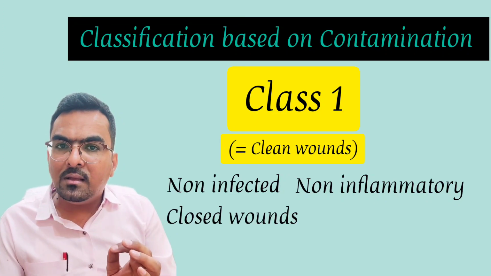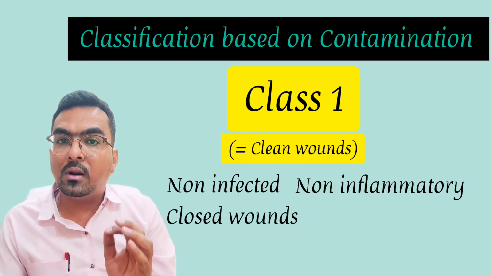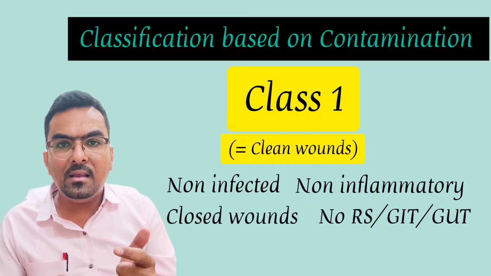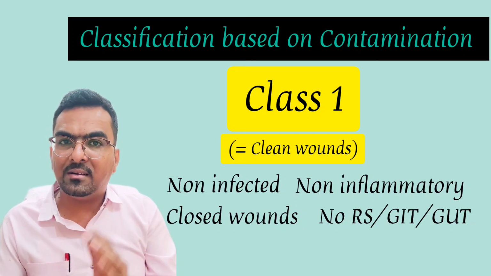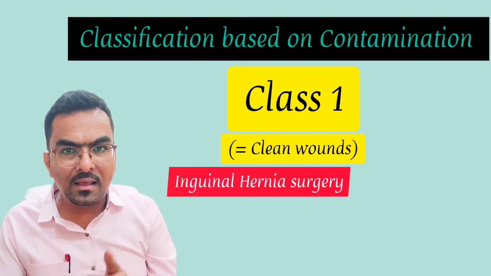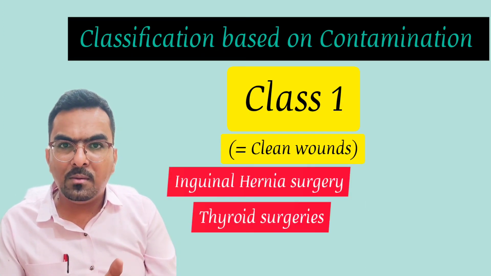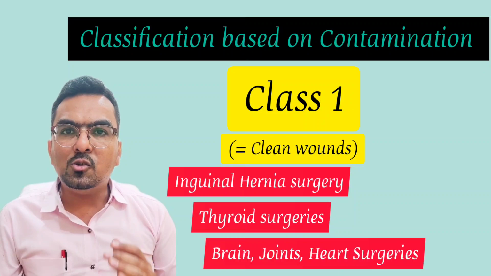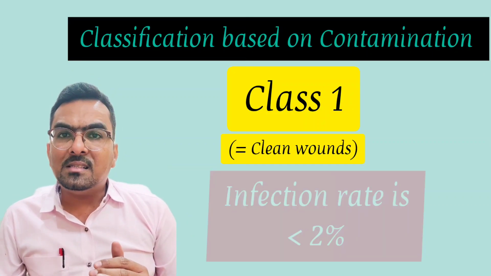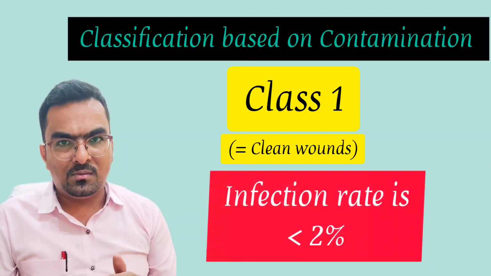It is worth noting that the class 1 wounds or clean wounds do not involve respiratory, alimentary, genital or urinary tract. Examples of clean wounds include an inguinal hernia repair or thyroidectomy, surgeries of brain, joints, heart transplants. Infection rate is less than 2% in clean wounds.